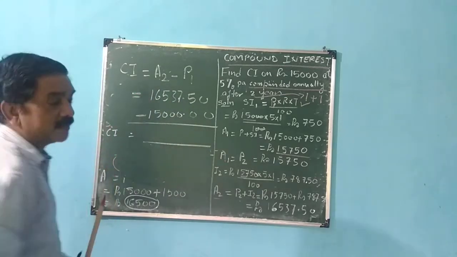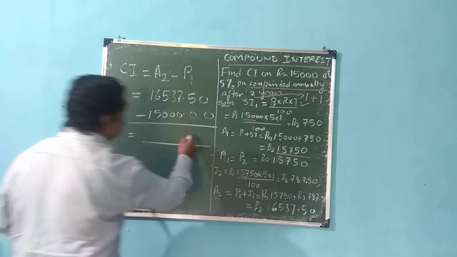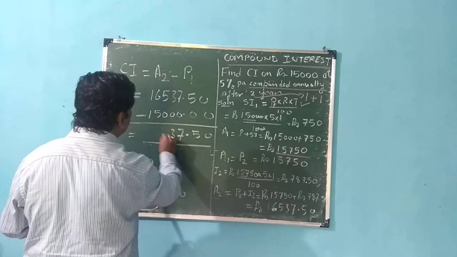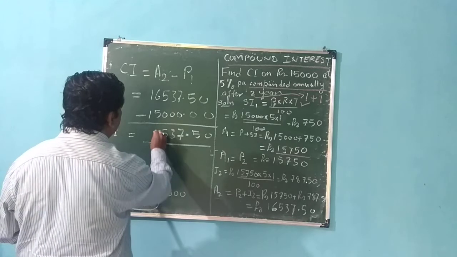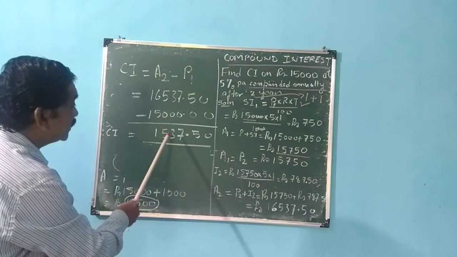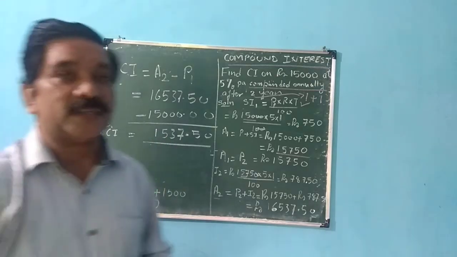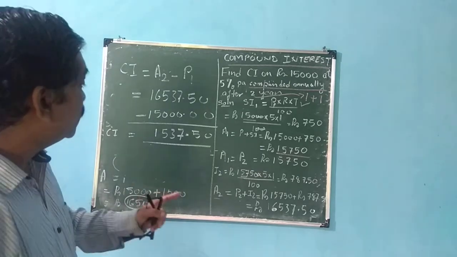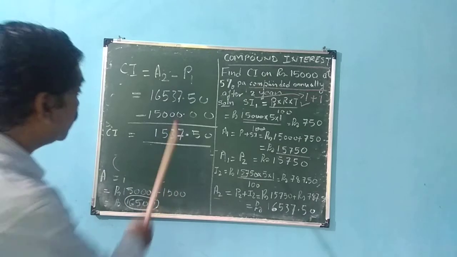It will be easy to understand. So you subtract this money. That money will give you the compound interest. So what is that money? The money is 1,537.50 paisa. Here that is the compound interest at the end of the second year.